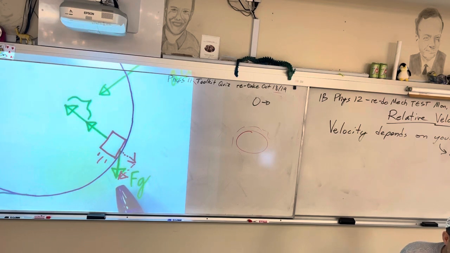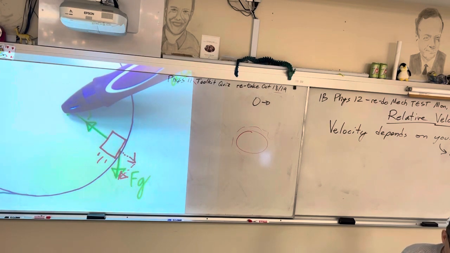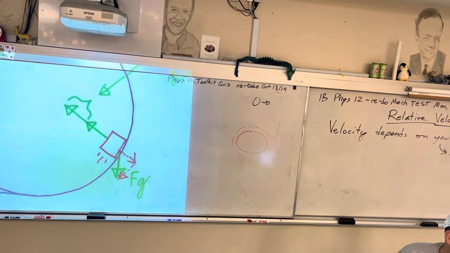Does that make sense? Because there's no net force towards the center of the circle, you're not going to be able to maintain uniform circular motion. Because for uniform circular motion, you have to have your net force right to the middle. And it can't be off.